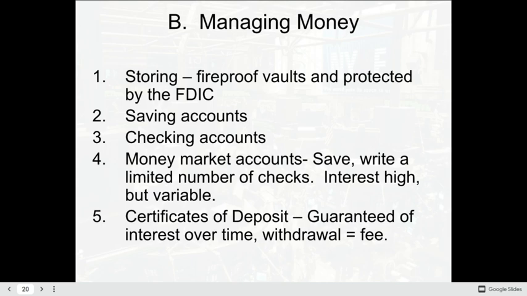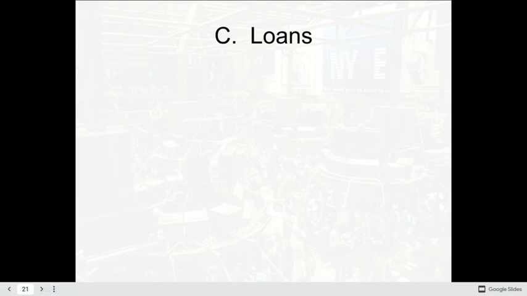Then there's also certificates of deposit, or CDs. They also offer a slightly higher interest, but once again, the money is locked in. You have to pay a fee if you try to take it out sooner. So with CDs, money is locked in, and the reward is interest.